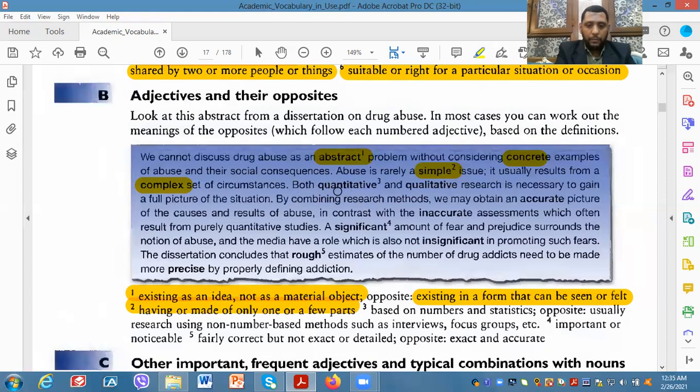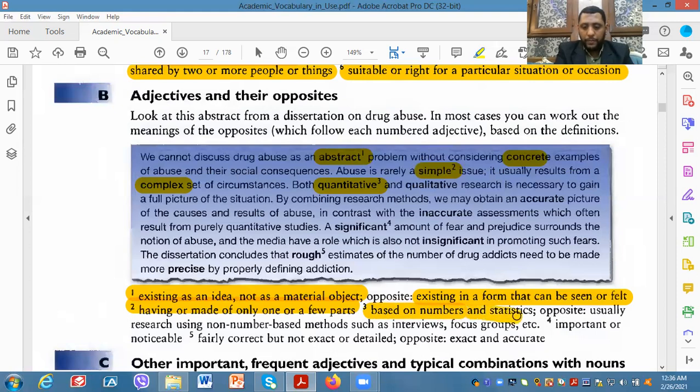Okay, so both quantitative and qualitative research. Quantitative is an adjective, and look at the number that's been written above it. Quantitative and qualitative research is necessary to gain a full picture of the situation. The meaning of quantitative: based on numbers and statistics.